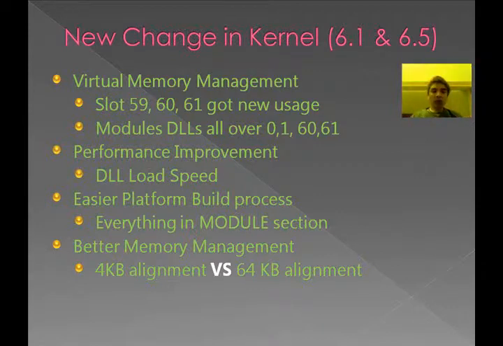That helps us improve the DLL load speed, and if the OEM places every DLL in the module section, it also simplifies the platform build process. And because the module section DLLs are 4 KB aligned versus file section DLLs which are 64 KB aligned, it provides more granular memory management that reduces the waste of virtual memory due to the size of these DLLs.